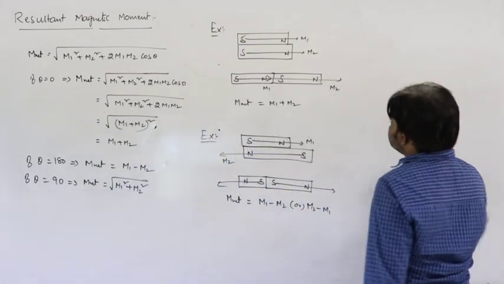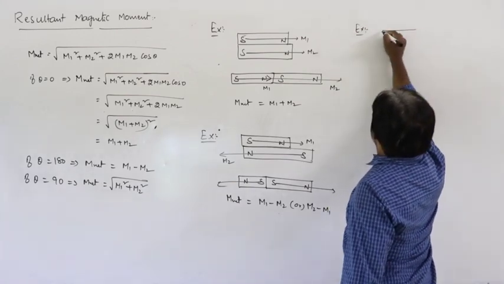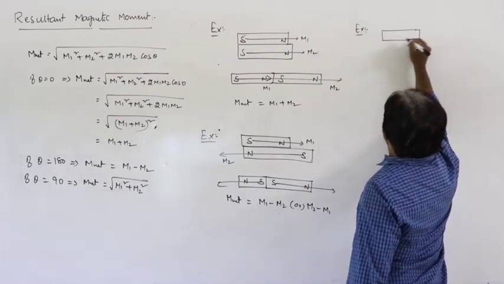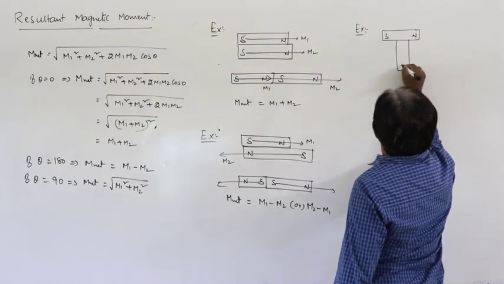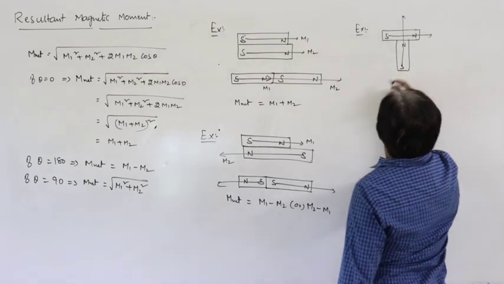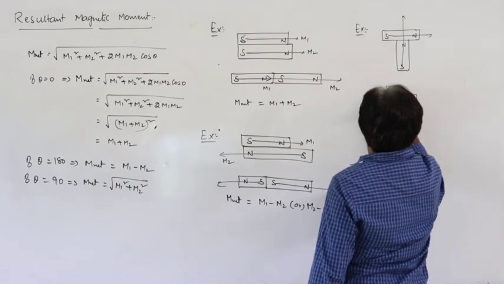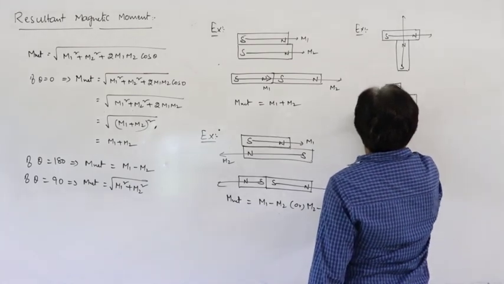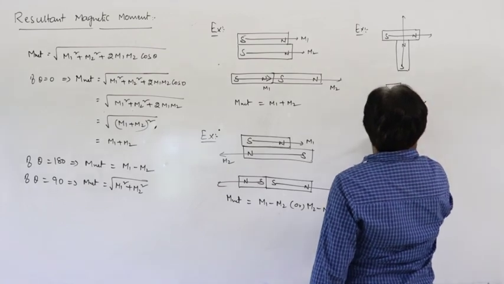So next, for example, two magnets are arranged perpendicular to each other. Like this, T shape, south north. So this is like this and this is like this. Or if the two magnets are placed like this, south north, this one and this one.